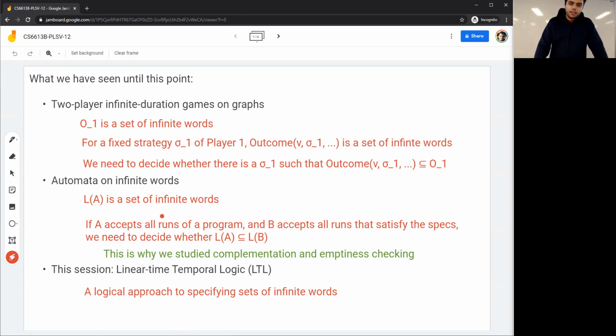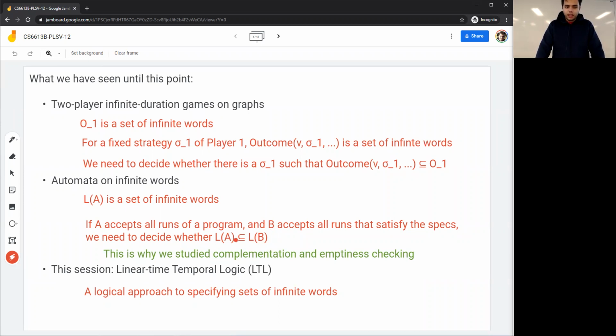And the intuition that I gave you for how we use automata to verify programs was that suppose I have one automaton A that accepts all runs of a program, and then I have another automaton B that accepts all runs that satisfy some specifications that I have. So B accepts all the runs that do not have any errors from my point of view. If I have this program automaton and specification automaton, then the correctness of the program boils down to whether the language of the program automaton is a subset of the language of the specification automaton.